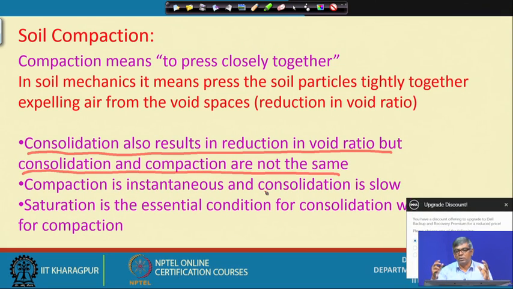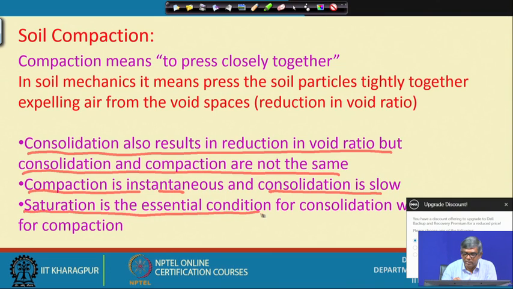When water comes out, the same volume of soil mass will be reduced. Another difference: compaction is instantaneous, whereas consolidation takes a long time, and for consolidation saturation is an essential condition, whereas for compaction it is not required.